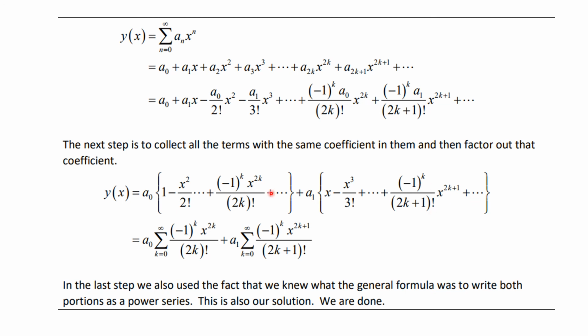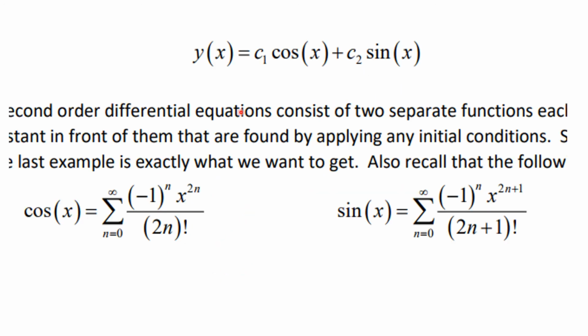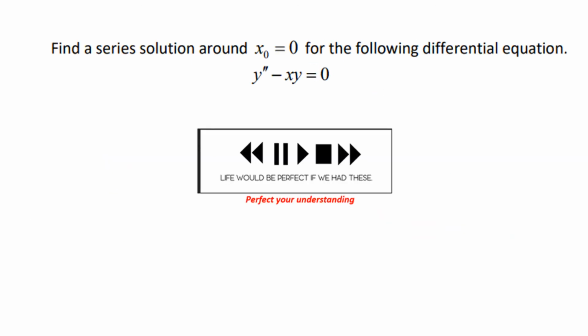And when I write this in summation notation, I can write it this way and this way. And we're really done, except we really would have known how to solve that equation to start with, and it would have been c1 cosine x plus c2 sine x, and that's exactly what we got. The c1 and c2 are replaced by a0 and a1.